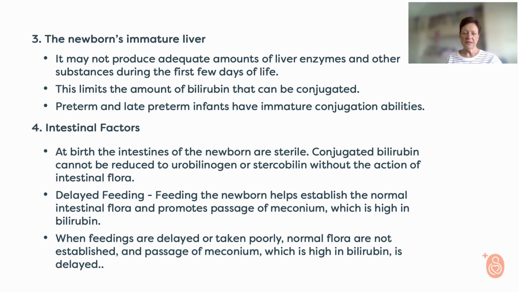Then intestinal factors also play a very important role, because we have said that when the bilirubin has been conjugated in the liver, it goes into the intestines, small intestine and large intestine, where it is changed into urobilinogen and stercobilin, which is the way in which it is then excreted in the feces.